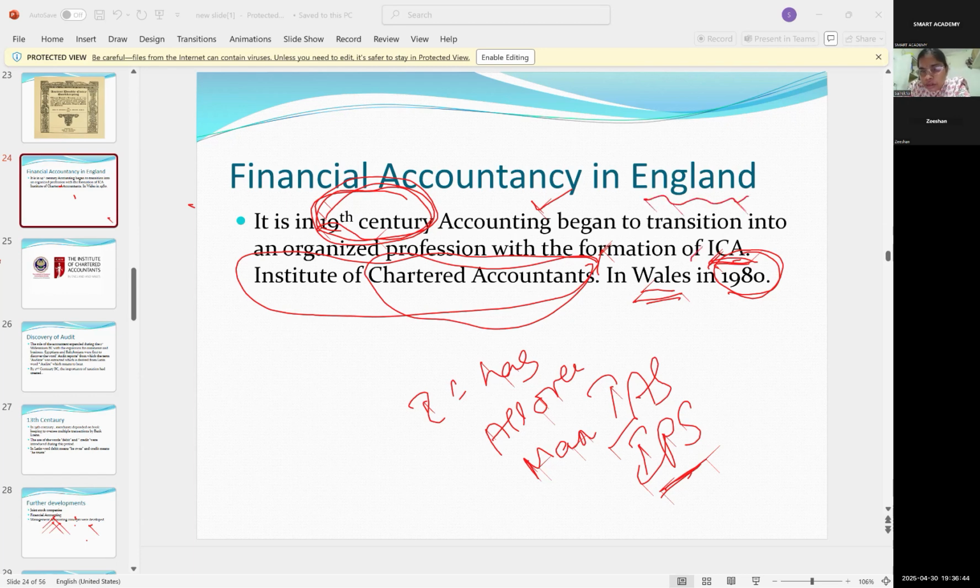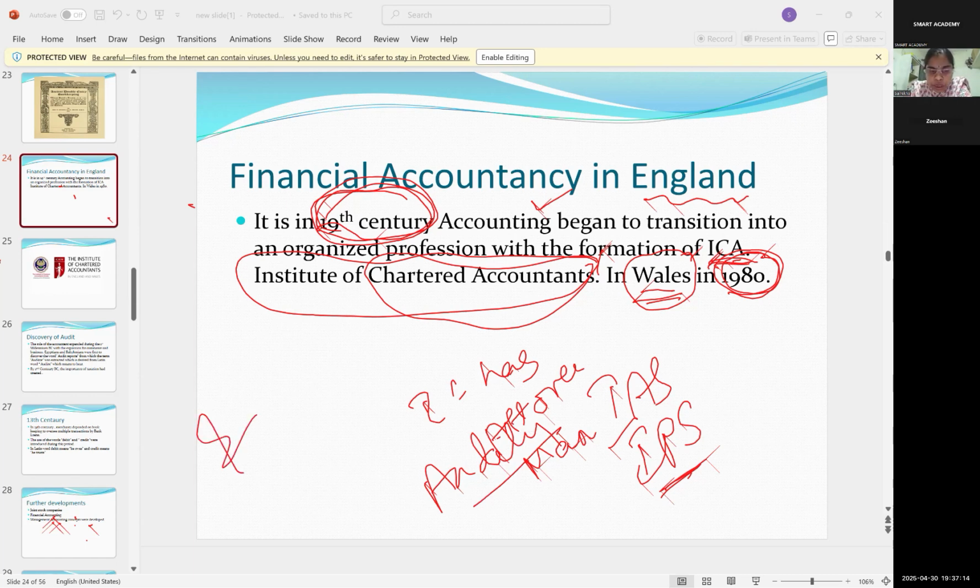And where did they discover it? In Wales in the year 1980. And what will the chartered accountant do? He'll maintain all the accounts, verify them and give authentication that they are correct. If a chartered accountant is doing all the verification, then that process is called auditing.